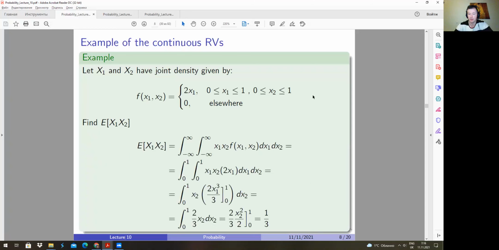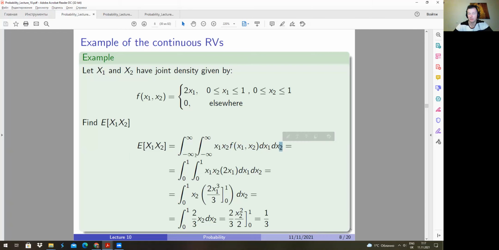In order to do this, we simply apply the same approach as for the univariate case. So I'm taking this function x1, x2, and I multiply it by the joint density function f of x1, x2. And I integrate over variable x1, and then I integrate over the variable x2.